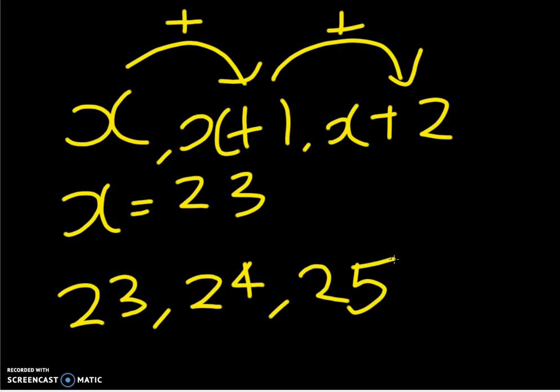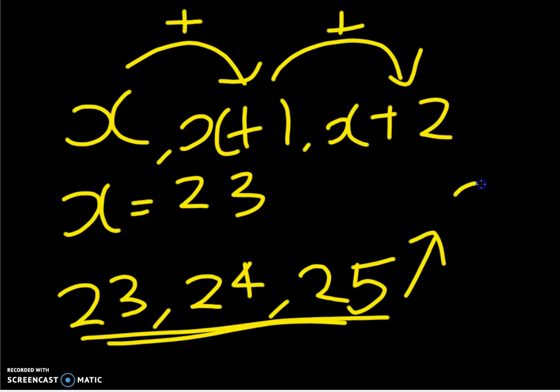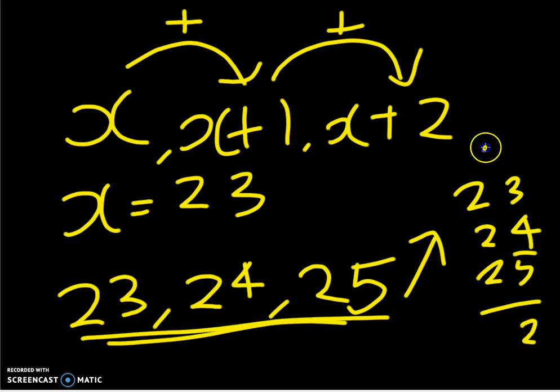If you don't trust me, you can always add these three numbers up and I guarantee you will get 72. Let's do it. 23 plus 24 plus 25. 3 plus 4 is 7. 7 plus 5 is 12. We carry 1. 1 plus 2 is 3, 3 plus 2 is 5. 72. See? So our three numbers are 23, 24, and 25.